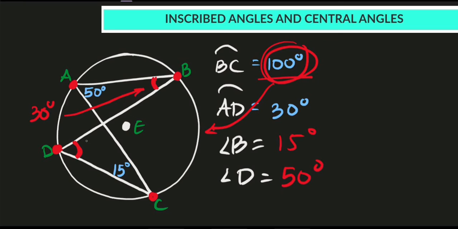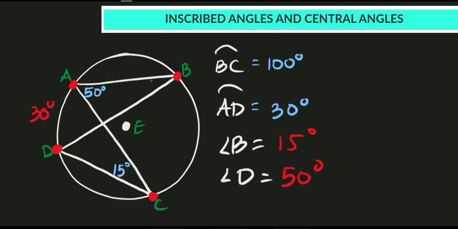So we have this different set of values for this given figure. We have 100, 15, and 50 degrees. Let's try to label all of the parts again. We have these two triangles.